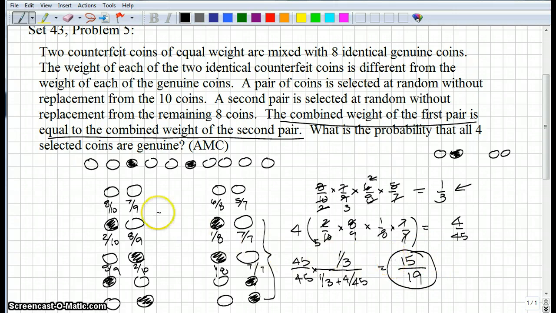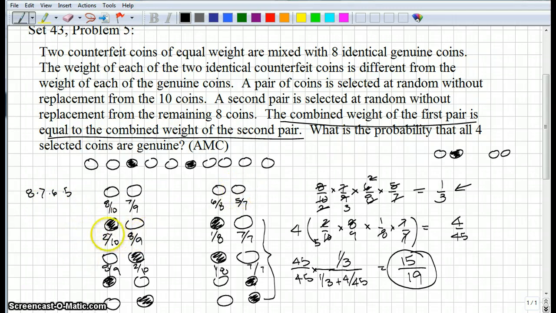Now another way we could have done it is just count the number of ways. So the number of ways, you have eight choices for the first genuine coin, and 7 for the second genuine coin, 6 and 5. So this would be the total number of ways that we could get all genuine coins.